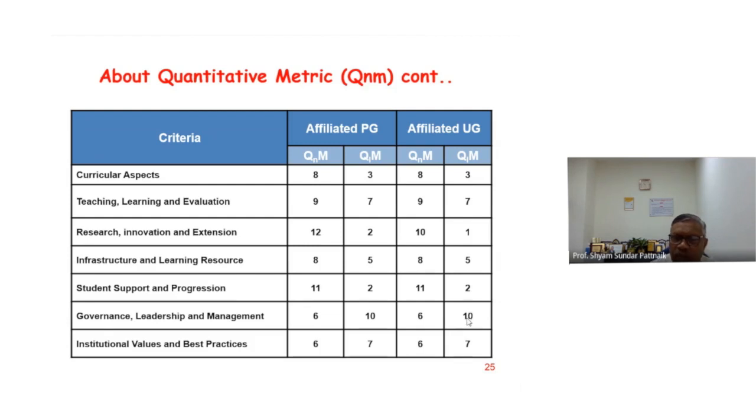So therefore ensure that the subjective documents which you prepare for governance, criteria 6 and 7, are qualitatively explained well. The extended summary which you write for qualitative matrices should be written properly, with no ambiguity in the statements. It should have clarity.